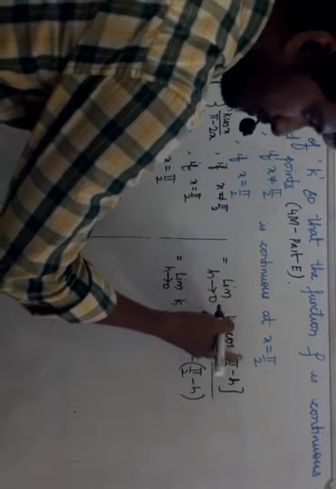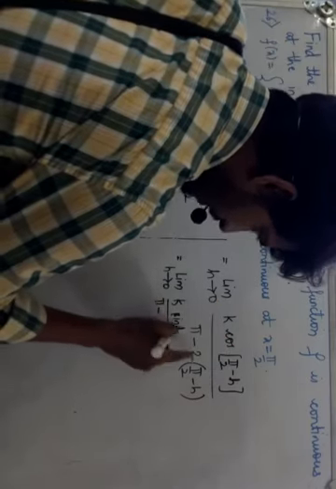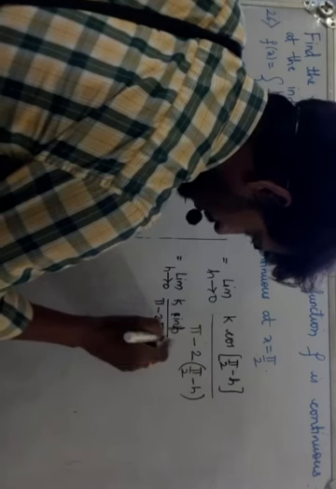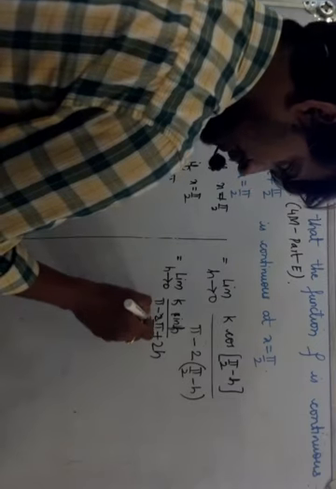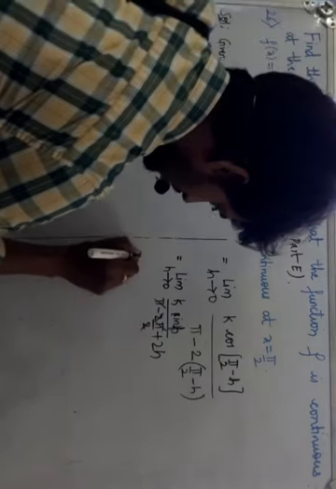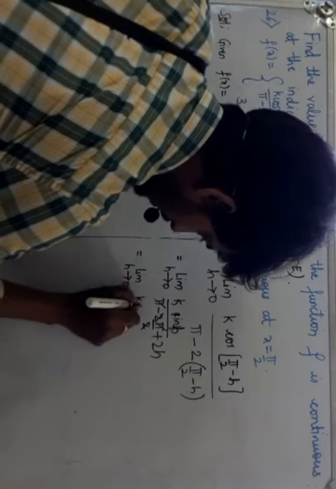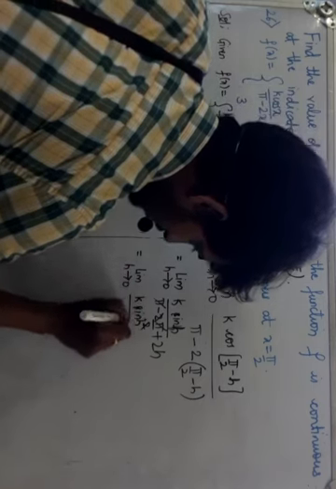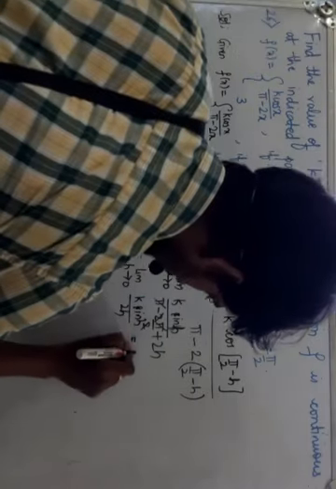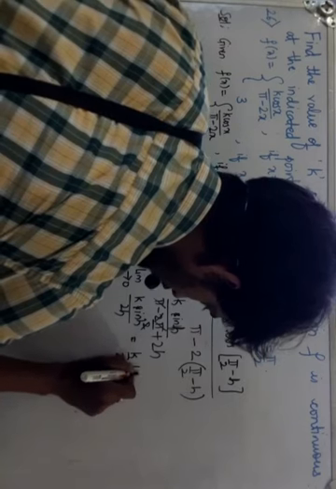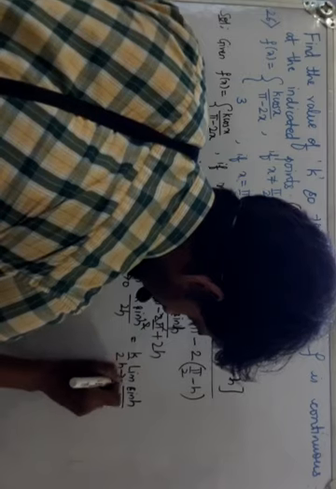Similarly, cos of pi by 2 minus h will be sin h, divided by pi minus 2 into pi by 2 minus h, which is minus pi plus pi, leaving 2h. Remaining is limit h tends to 0 of k sin h divided by 2h. Here k and 2 are constants, so I take them outside: k divided by 2, times the limit of sin h divided by h as h tends to 0.